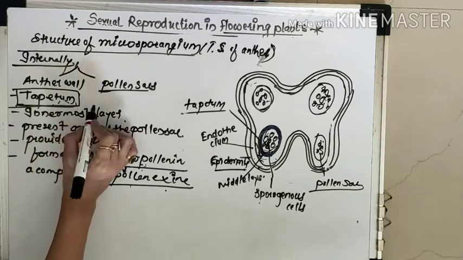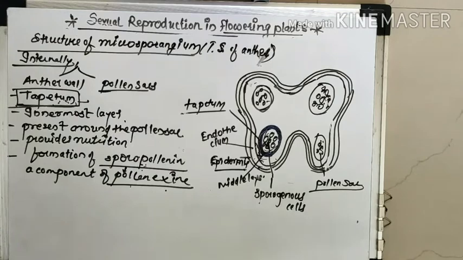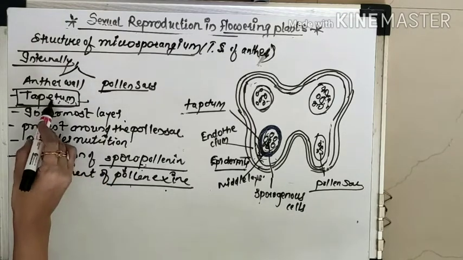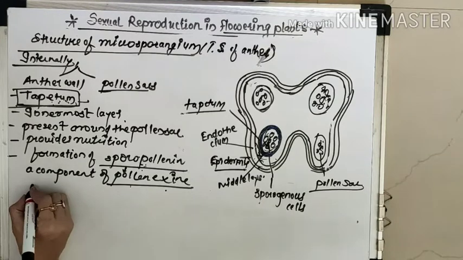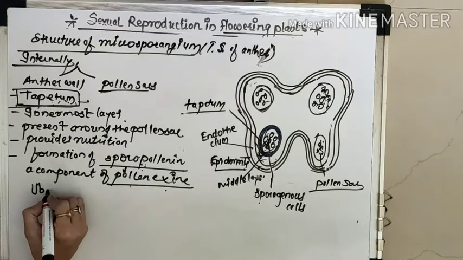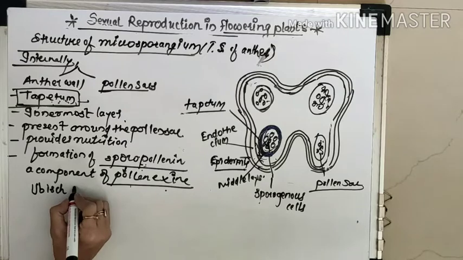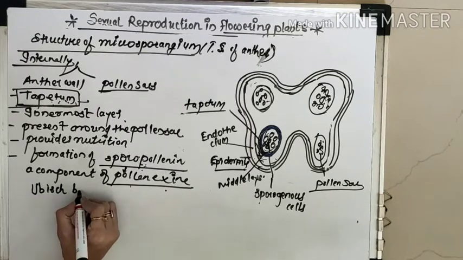Okay, what is the nature of this tapetum? It has two types. Later on we will see. First, this tapetum has a glandular nature and it forms cubish bodies.